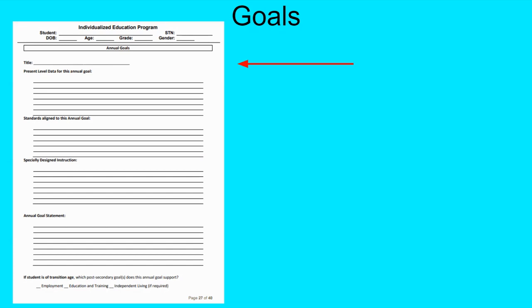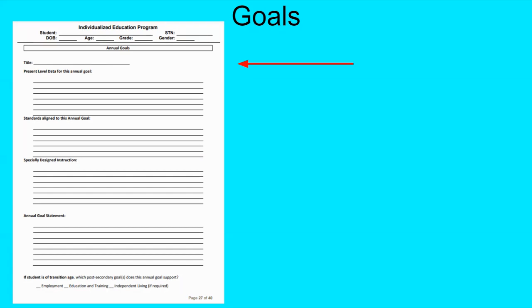It may be that they're dyslexic. It may be that the student really struggles with being able to identify the main ideas. Okay, so this is where you would put that. You wouldn't just say reading comprehension. You would say reading comprehension, and then you would put specifically what it is that the student has struggles with in reading comprehension.